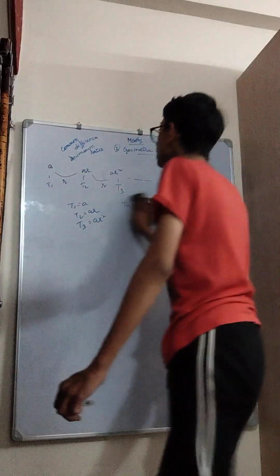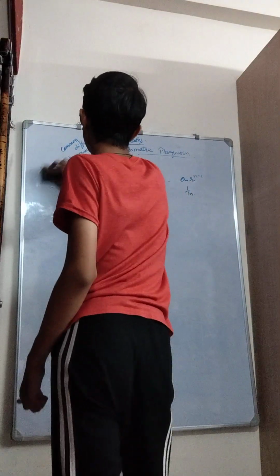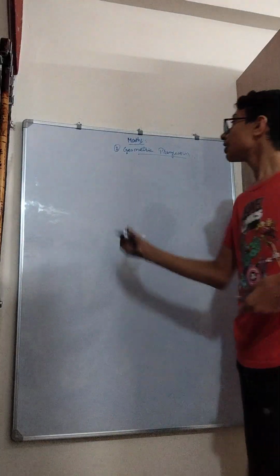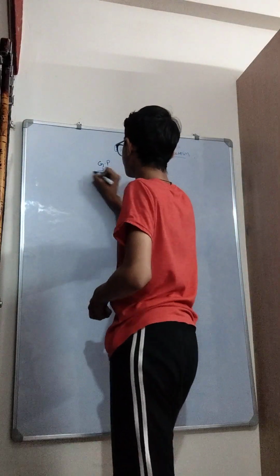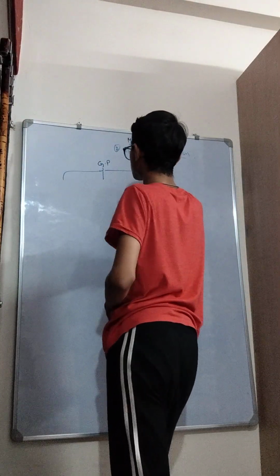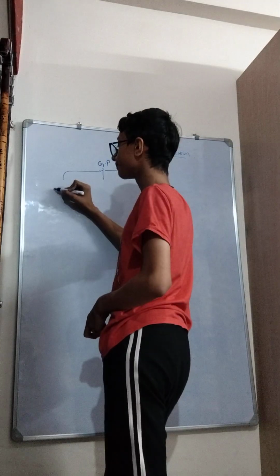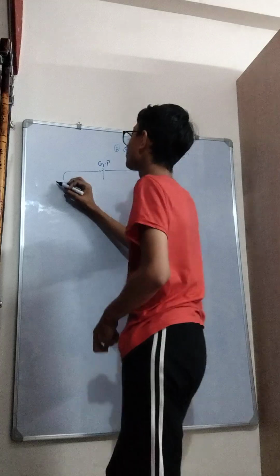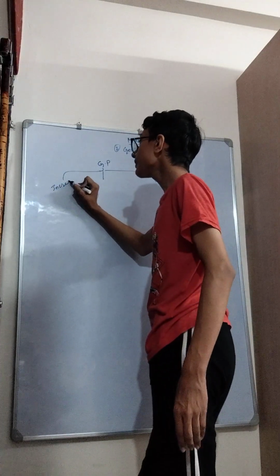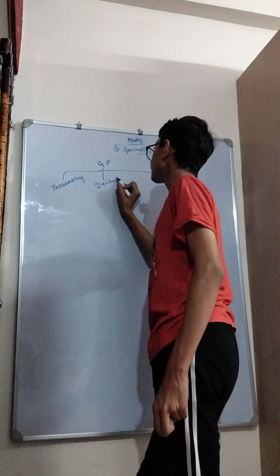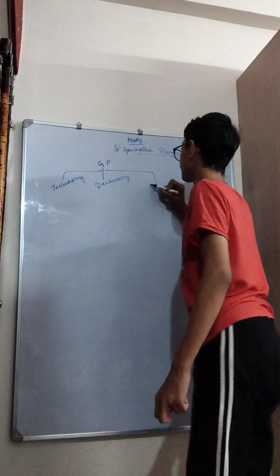So now GP has three types. These are increasing GP, decreasing GP, and constant GP.